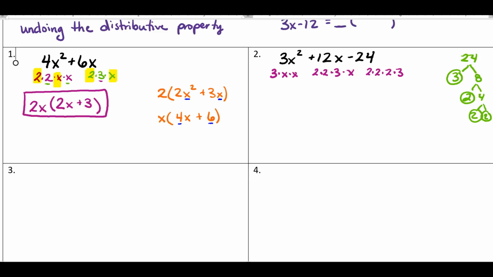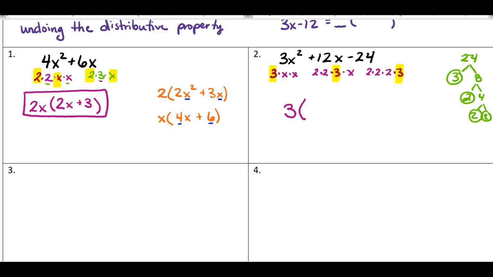So off the bat, I can see that all three have a 3 in common. Now we cannot use x as our greatest common factor because 24 doesn't have any x's to give. Every term has to have a common factor. So what that means is our greatest common factor is simply 3. And that's okay. It can have only one number in common.